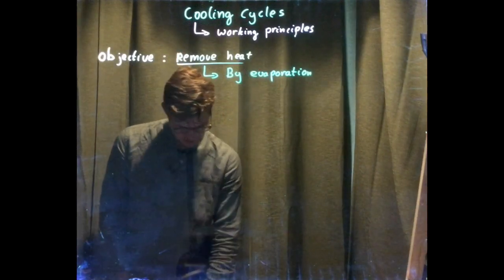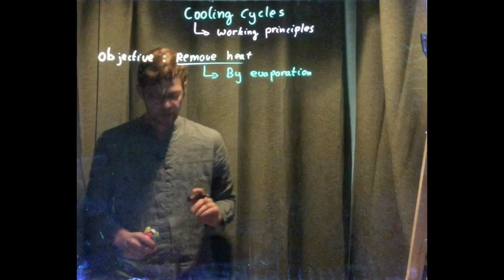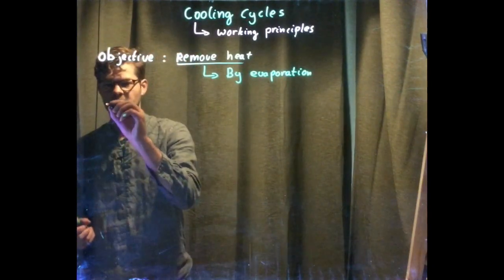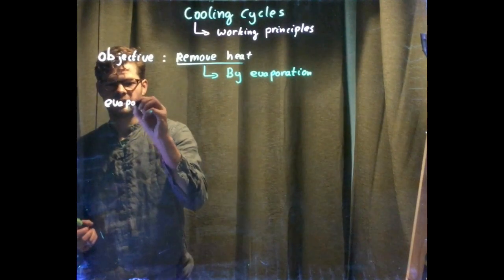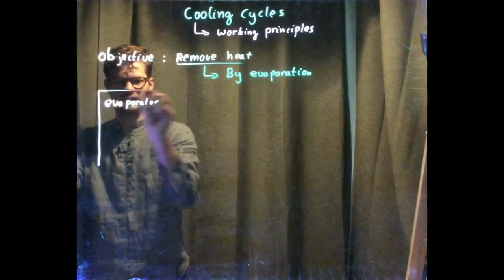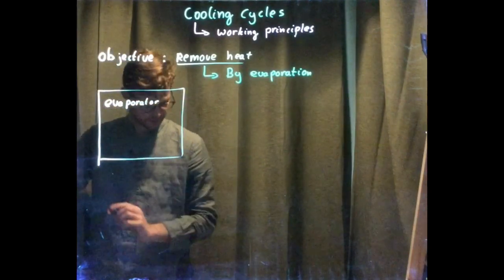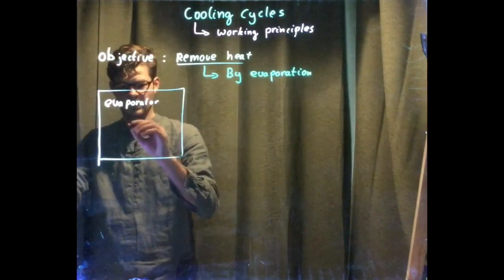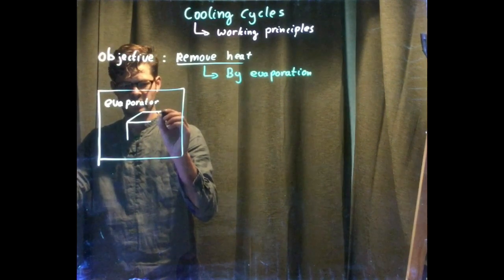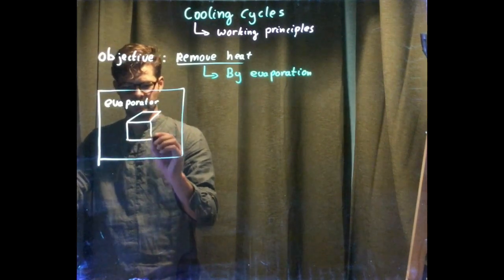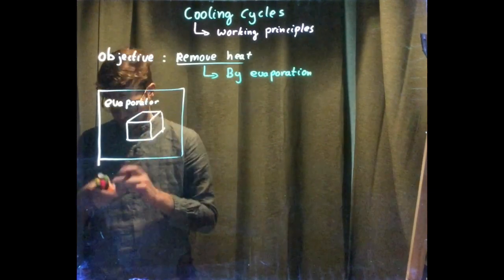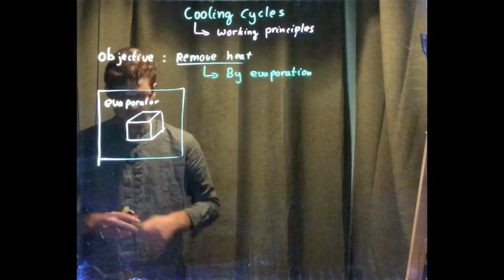There are actually 4 items in this cycle. And the first item is the evaporator, which basically looks like this. Imagine we've got the freezing compartment of the refrigerator, which has a spiral on top.